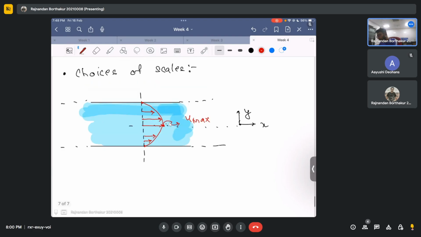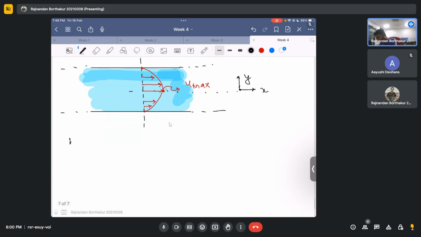So the idea is that whenever we are going to solve a problem, which is basically this kind of problem, we can choose a defined scale for a velocity. Okay, and we will see why we choose these scales shortly. So we can choose a defined scale for the velocity field, let's say.